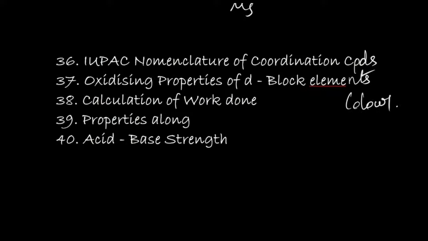There is a chart in your NCERT. I have told you this so many times, but once more I am telling you, there is a chart for d-block elements and the related colors. They will ask you just the same. In case of inorganic, whatever exam you are writing, they will ask you the questions from your NCERT. Okay, just line by line from NCERT, the full marks you will get.